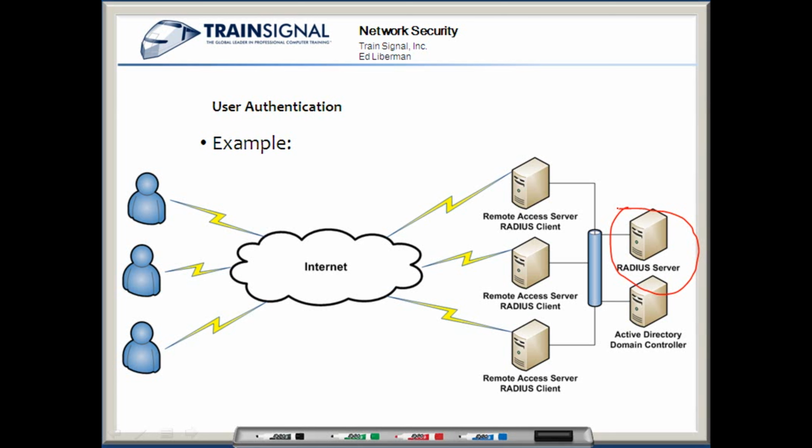So in that sense, the Radius server is able to go ahead and handle the authentication, the authorization, and the accounting of all remote access to the network.